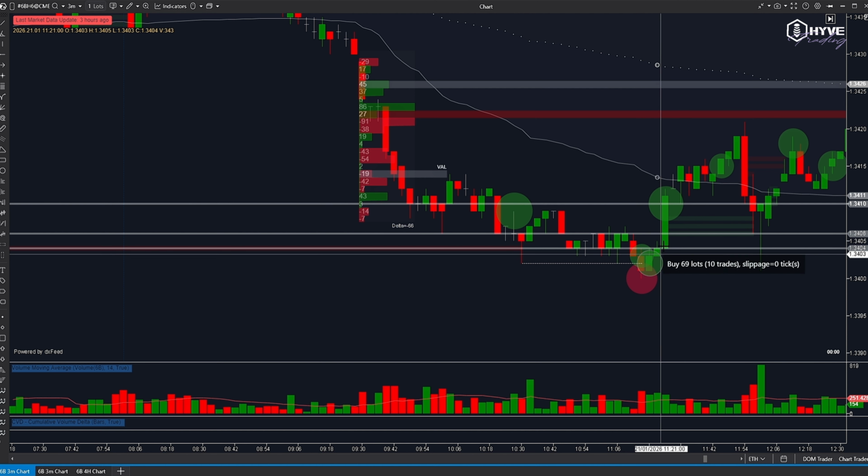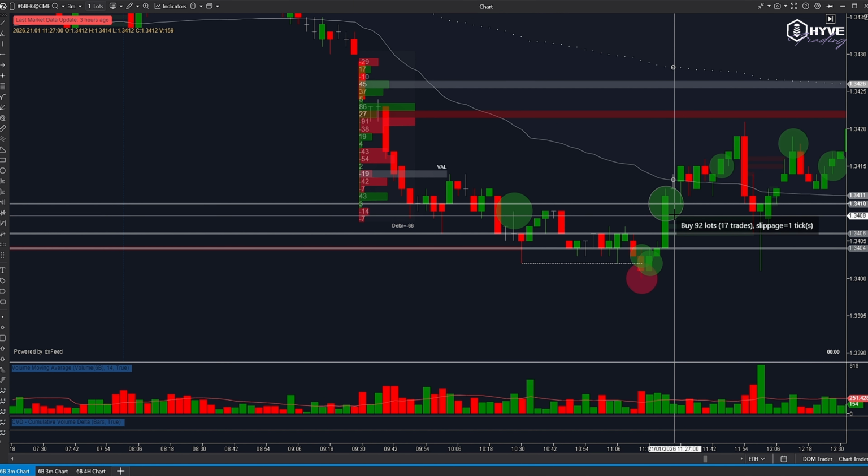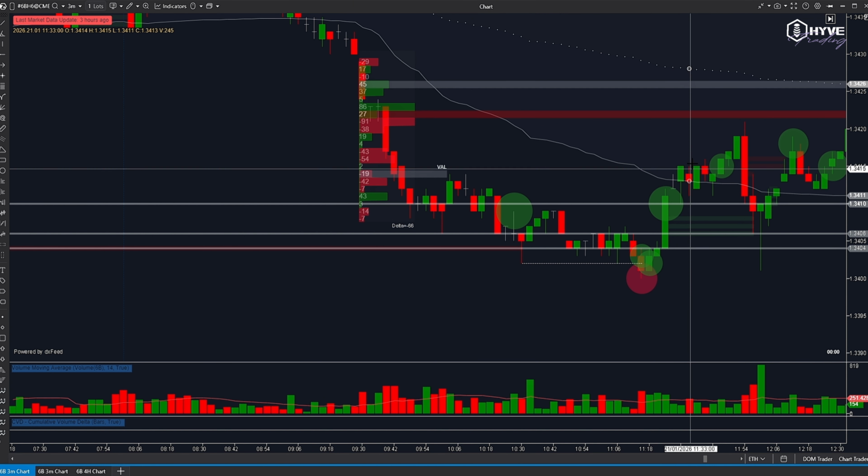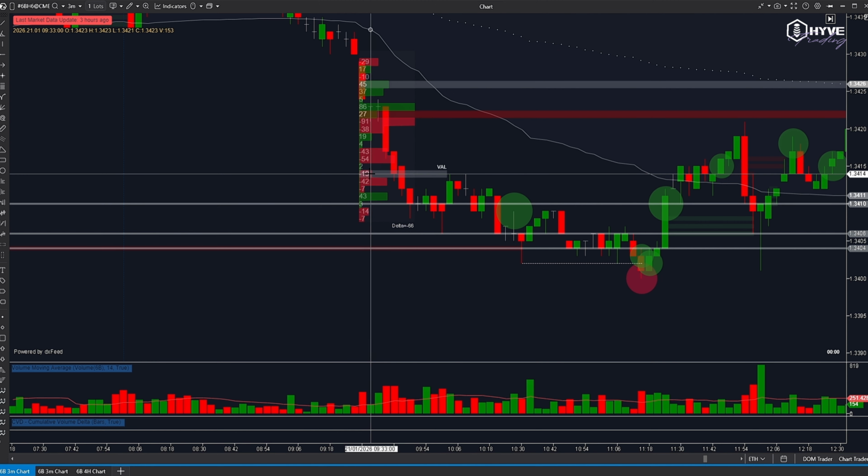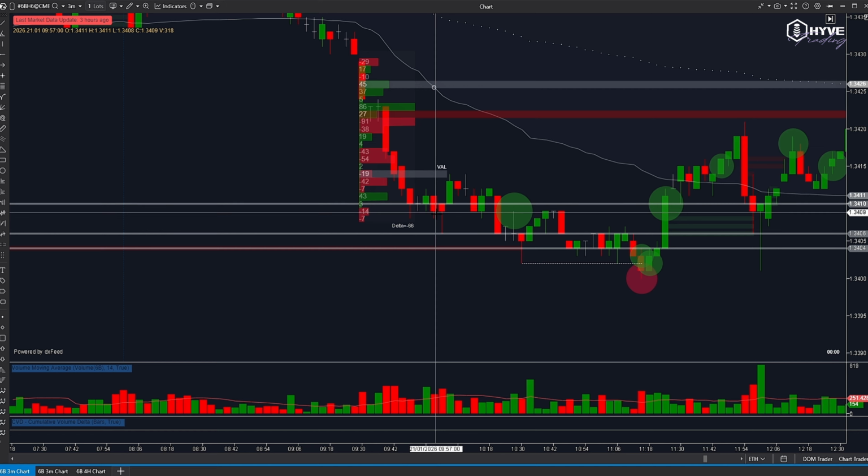Following the buying climax, we see that price proceeds to break above the selling climax value area low. So remember, when buyers stepped in, as soon as price got to our level of interest, they failed to break past the value area low for the selling climax.